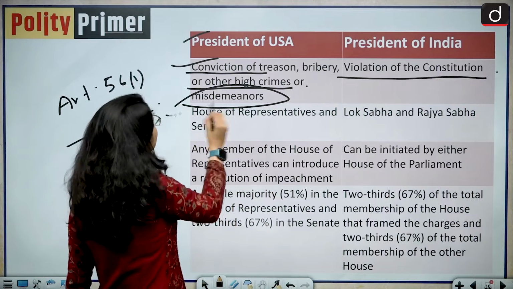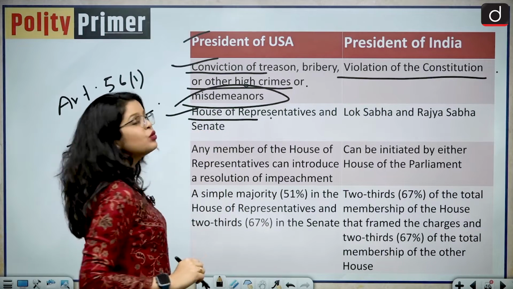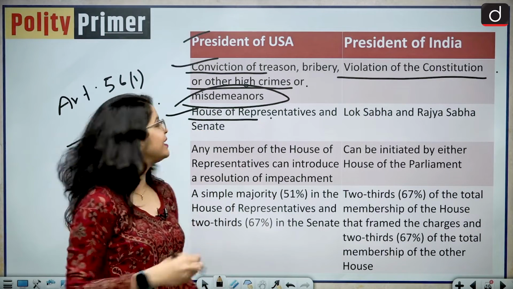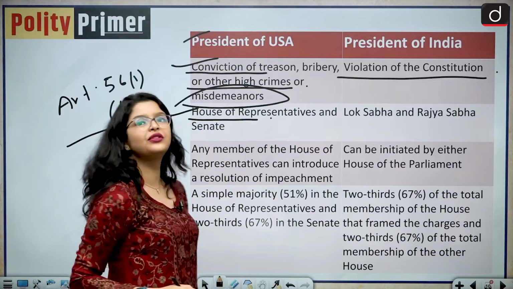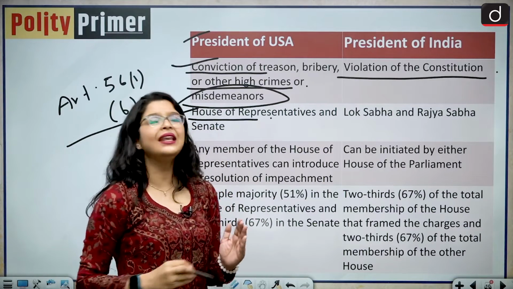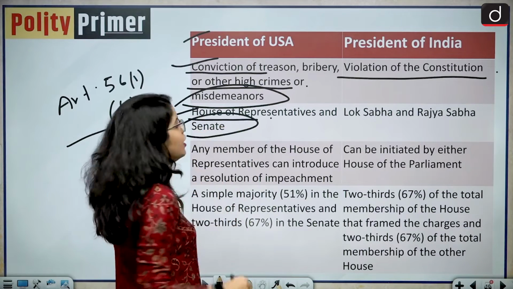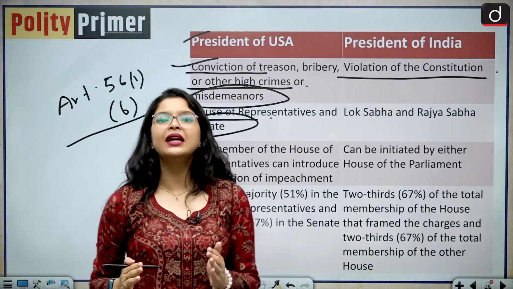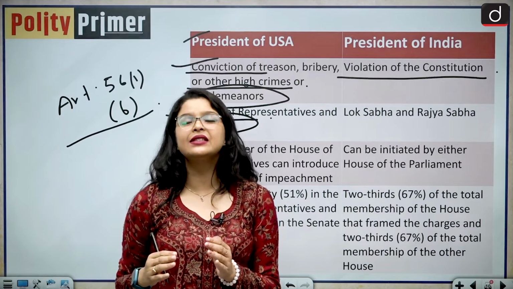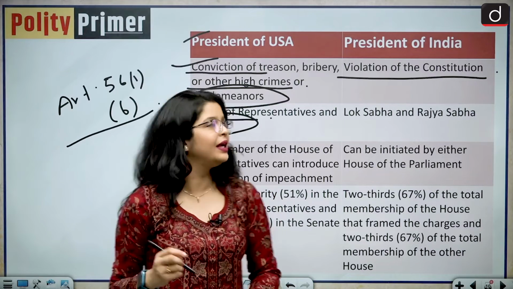Okay. Then in the USA, the exclusive power to impeach the President rests in the House of Representatives, and the trial is conducted by the Senate. So you can say that in the USA, the impeachment of the President is a judicial process. Okay.